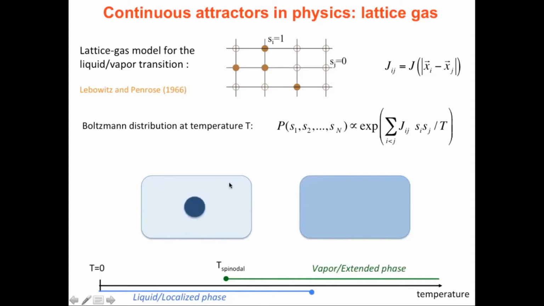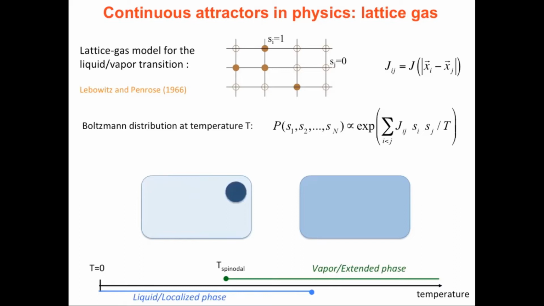Then this very strong bump of high density of liquid will diffuse over time, and it can occupy any position in space. So this is very similar to the definition of the collective coordinates I mentioned before. The location of the center of mass of the bump defines a collective coordinate in our n-dimensional space of configurations of occupancy numbers here.